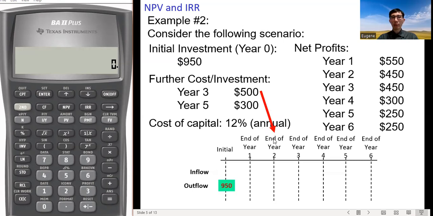So here I will put the $500 on the timeline corresponding to the end of year 2 as cash outflow. Similar for the cost in year 5, the $300 is made at the beginning of year 5, the same time point as the end of year 4. So this is the $300 by the end of year 4 as cash outflow.